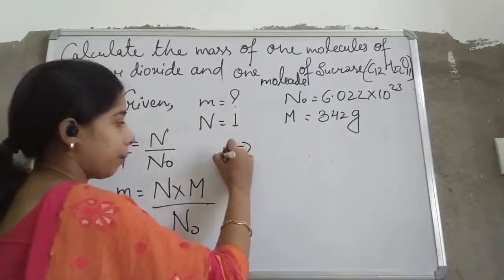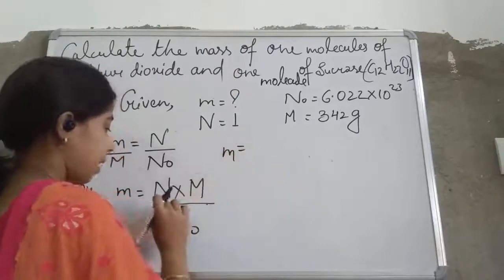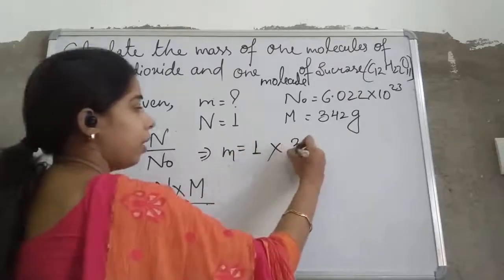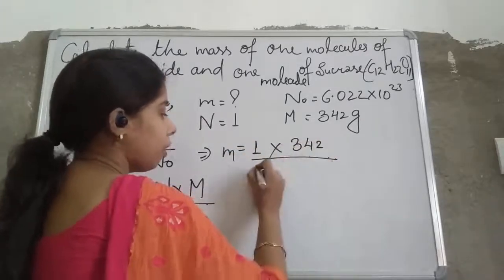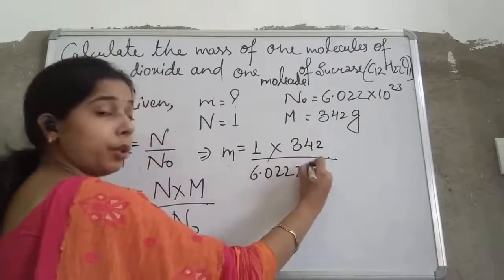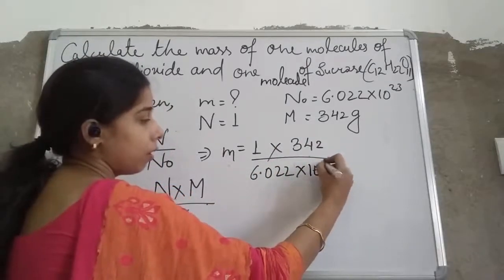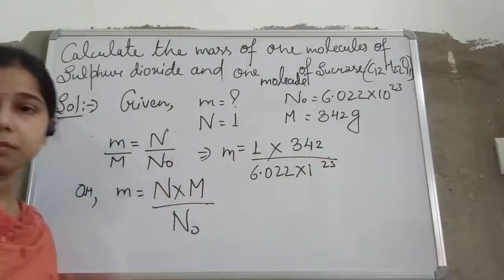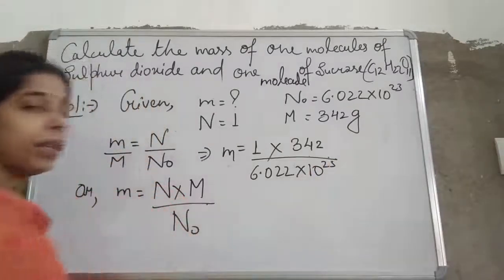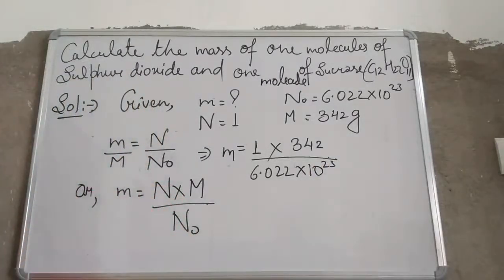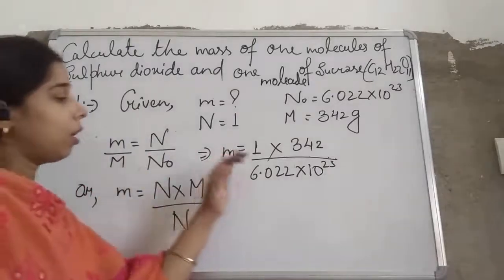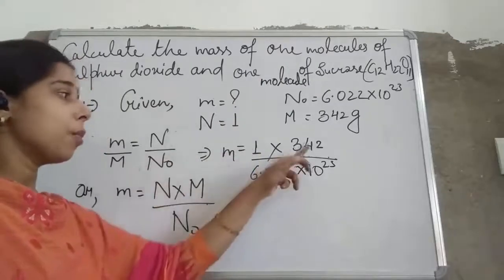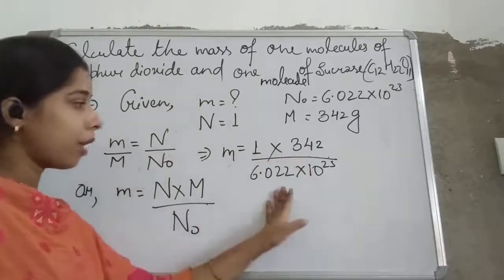n is 1, into M, 342, upon 6.022 into 10 the power 23. So the value that came is, one molecule of sucrose is there, molecular mass is 342, and Avogadro's number is given.